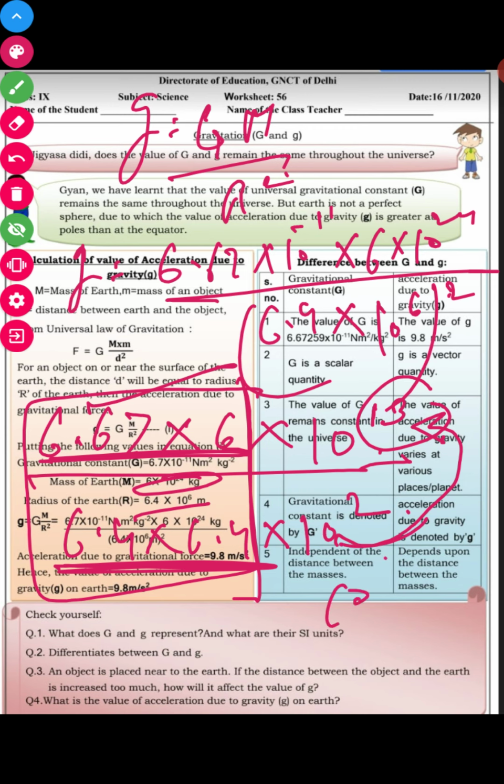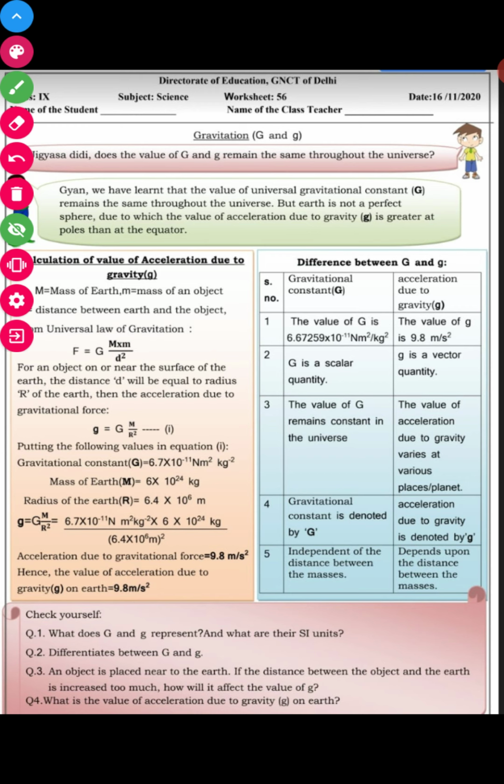Now this way you can calculate the value of g and it will become 9.8 meter per second square. This is called acceleration due to gravity. So keep in mind, the value of acceleration due to gravity on the earth is 9.8 meter per second square.